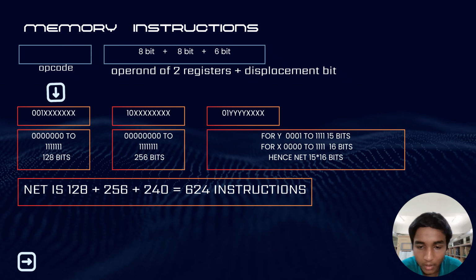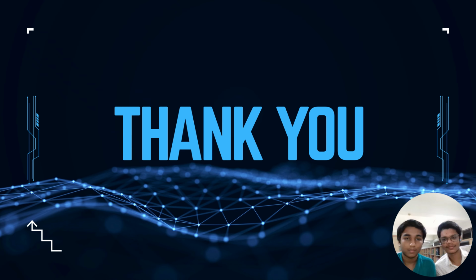So for this part it is a net 15 into 16, which is 240 instructions. So the net is 128 plus 256 plus 240, which is 624 instructions, and that is the answer to the question. Thank you for your presence.